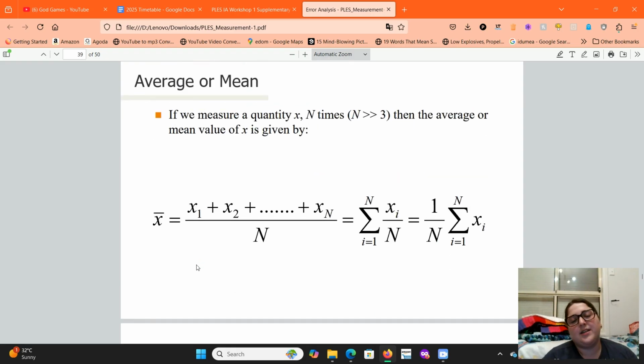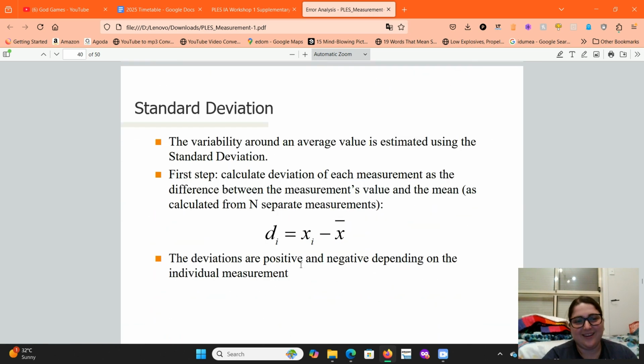So if we measure a quantity x, n times, then the mean value of x is given by x bar equals x1 plus x2 up to xn, divided by n. I'm sure you guys have seen this in specialist maths or maths methods. I'm not going to bore you to death with that. Okay, also we have standard deviations.